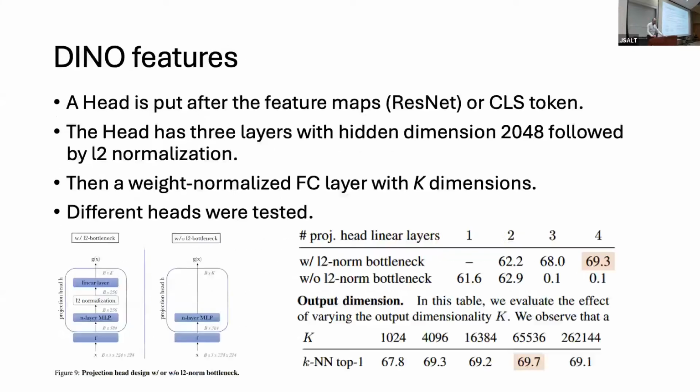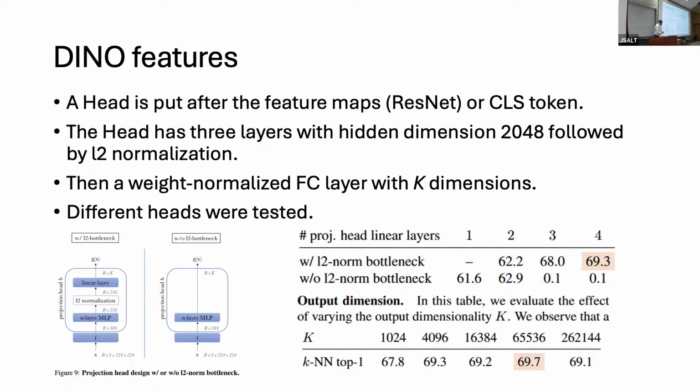Another thing that was interesting to me in DINO features is that you take your transformer, you take your class token, and you do not produce the softmaxes for the distillation directly from this class token. You have a head on top of it, and the most interesting part is the dimension of your head.